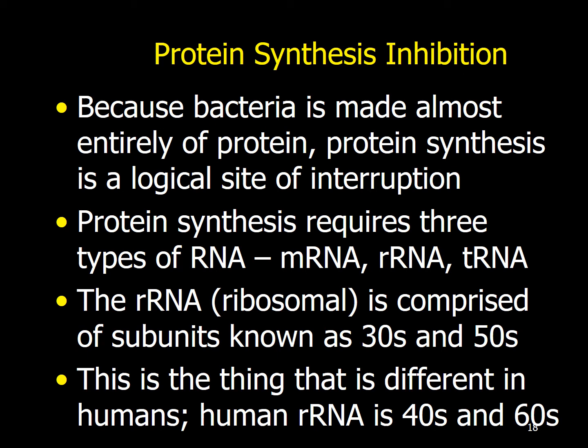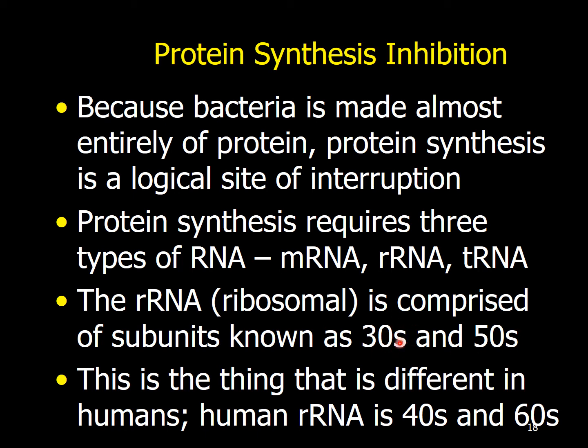The ribosomal RNA is comprised of 2 subunits, and the subunits of ribosomal RNA are characterized by how quickly they can fall through a centrifuge. I know nobody else in the world will ever ask you this, and I've really forgotten more about molecular biology than I remember. But I can tell you that when it says 30S and 50S, the S stands for Svedberg unit.